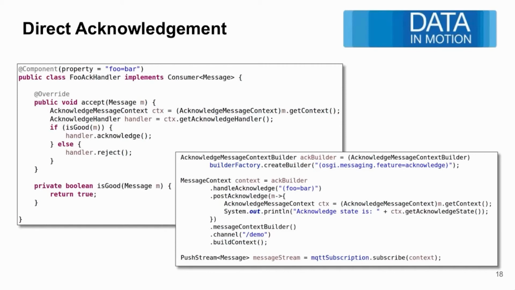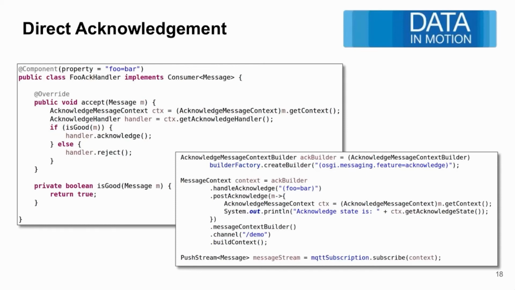All these methods have counterparts that accept a string with an LDAP style target filter, and with these expressions the implementation looks for corresponding services in the service registry that match that LDAP filter style and the corresponding predicate or consumer interface. And then these service instances are used for filtering acknowledgement or post acknowledgement.